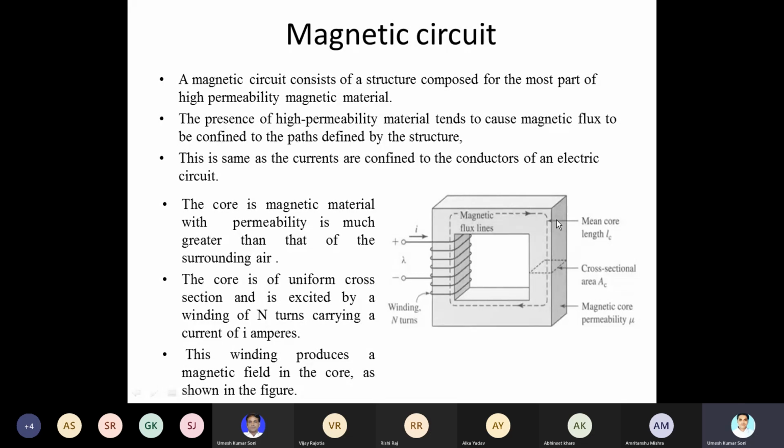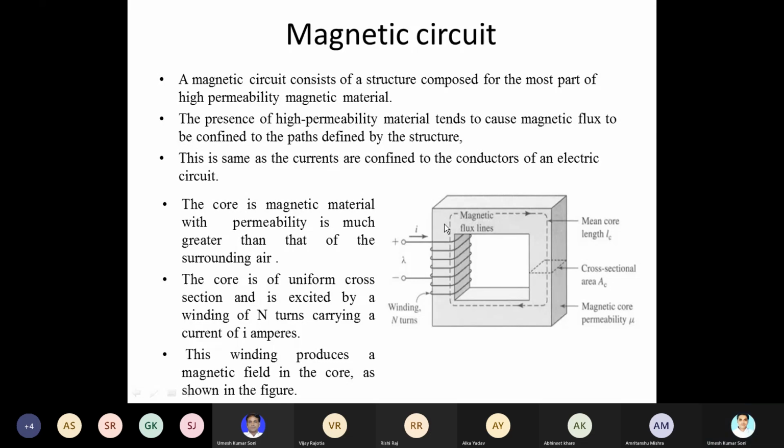If we take the outer side length of the core, that will be higher. If we take the inner side length of the core, it will be lower. So what is the total path traveled by the magnetic flux lines? It is assumed that the flux passes through the center of this core.